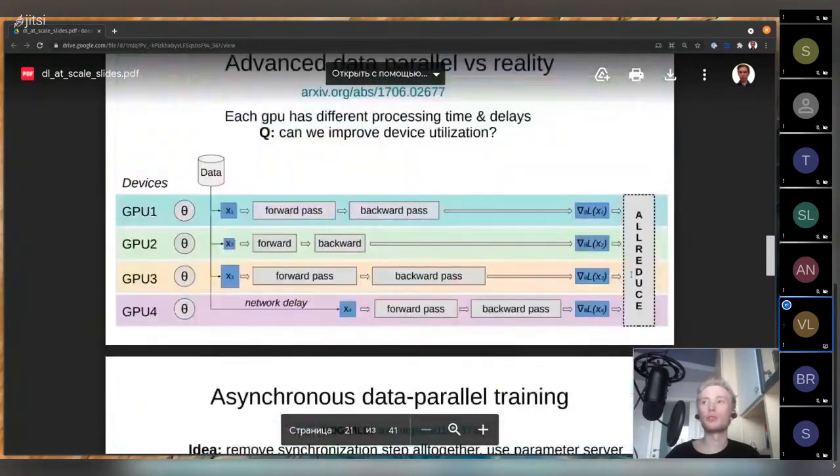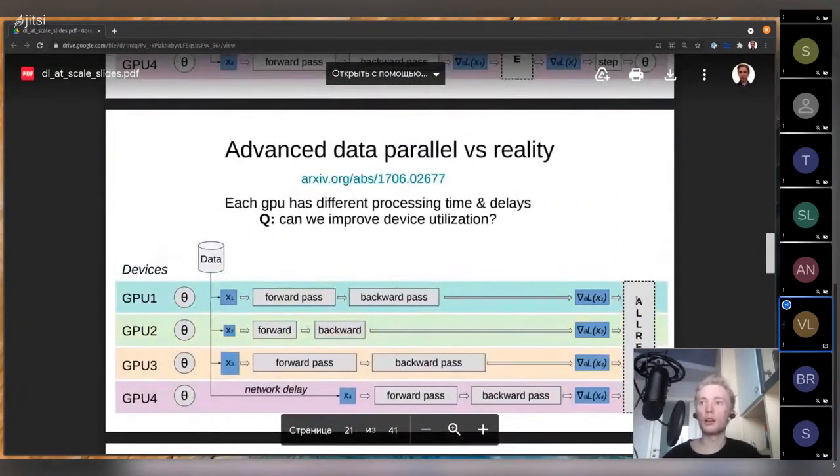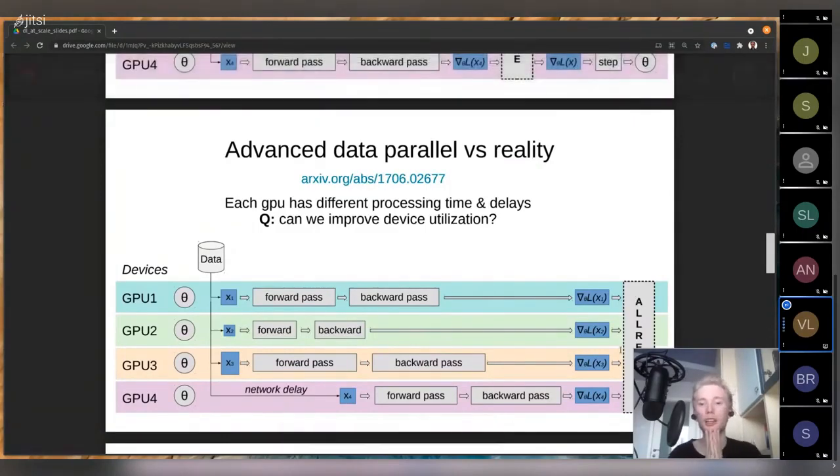So we would like to do something about it. We would like to do something to avoid waiting for all of the other GPUs. So we might want to apply some smart technique that lets us not wait for all of that.